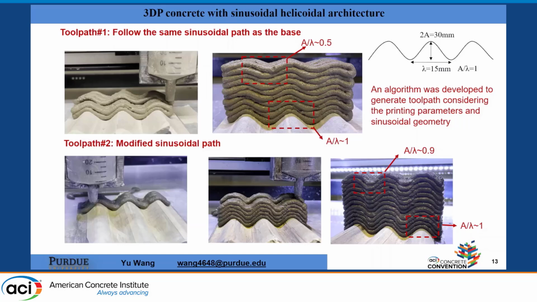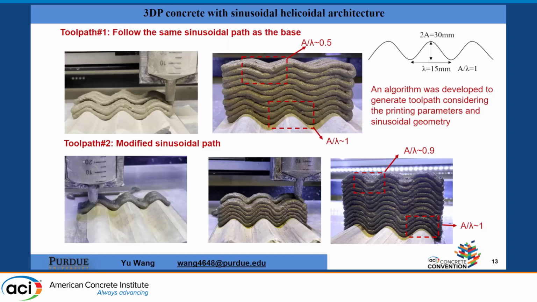It becomes flatter and flatter as it builds up. We try to improve it a little bit by modifying the two paths. And using the new two paths, you can see we improve the printing quality a little bit, make it a little bit better. Because when we twist, we need to make sure they maintain the sinusoidal shape while we rotate.